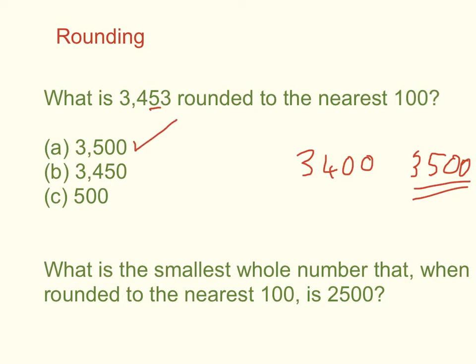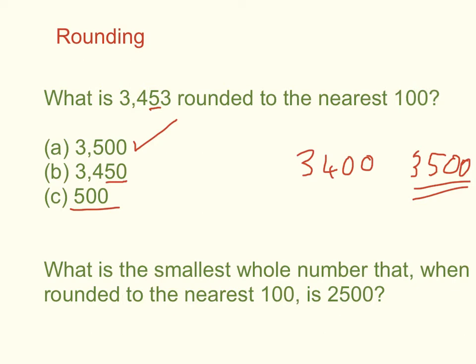The most likely wrong answers there, 3,450 has been rounded to the nearest 10, not the nearest 100, and for option C, that number is actually nowhere near 3,453. We've forgotten the 3,000s.